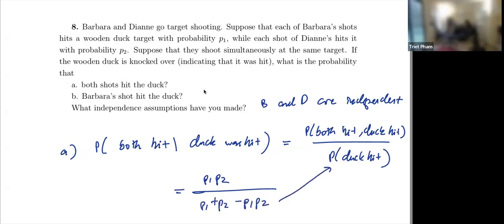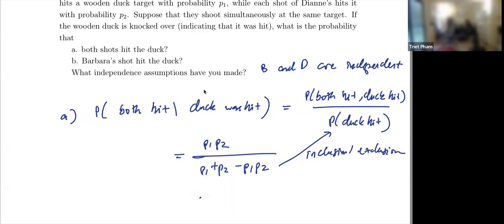Excellent. Don't forget inclusion-exclusion. The probability that either Barbara hit or Diane hit is the sum subtracting the joint. This is P of B union D is PB plus PD minus PBD, correct? So yeah, don't forget that part.